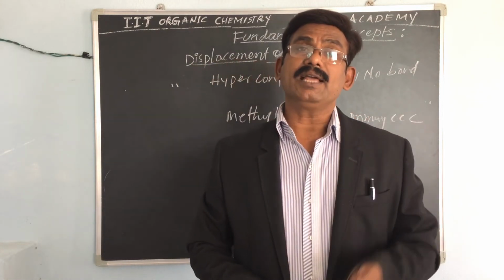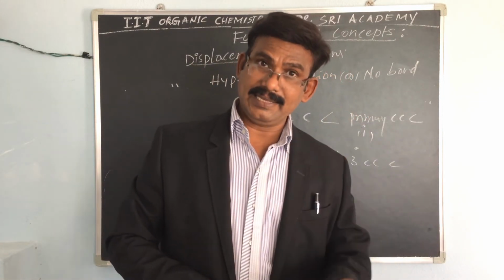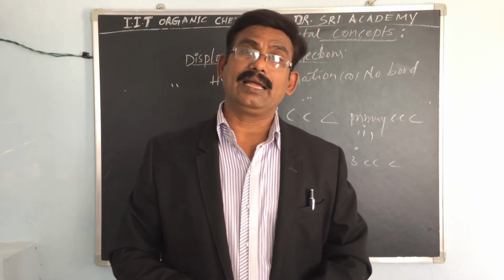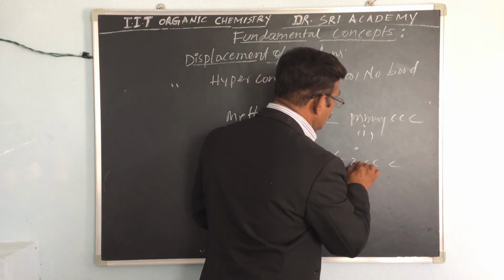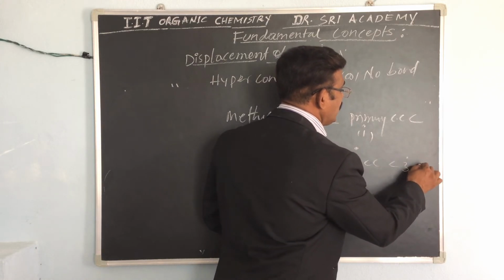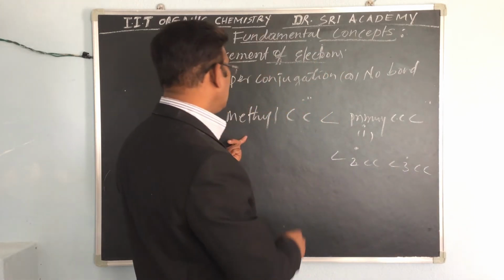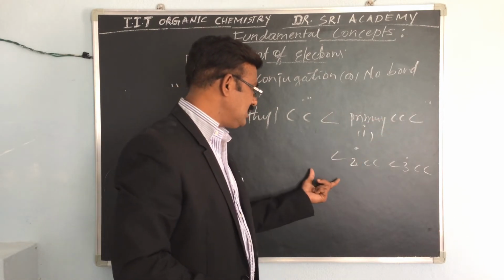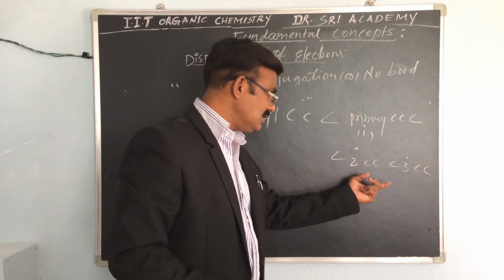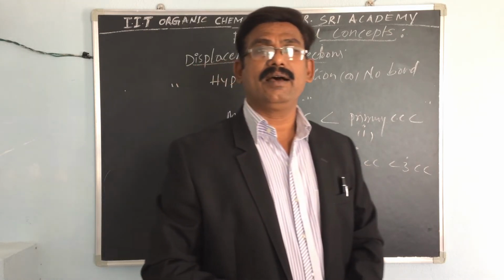First of all, methyl carbocation is less stable than the primary carbocation, which is less than the secondary, which is less than the tertiary carbocation. That is the order: methyl carbocation is less than primary, less than secondary, less than tertiary carbocation.